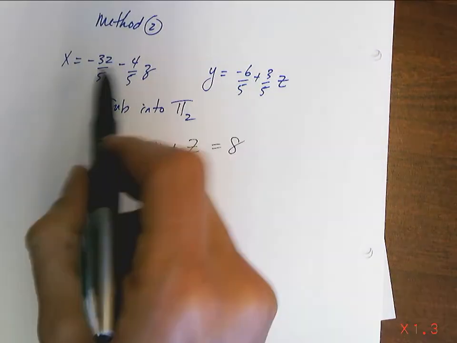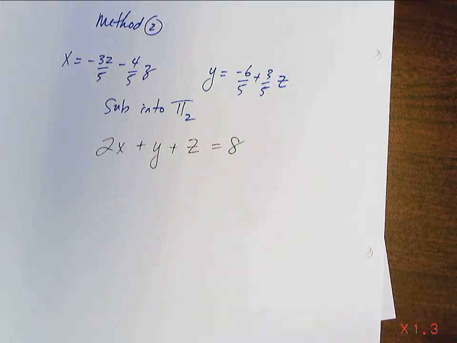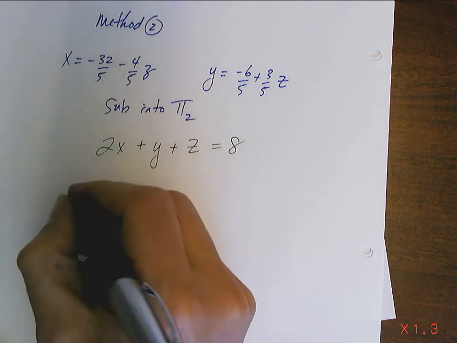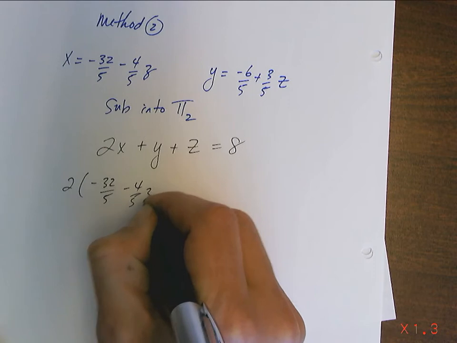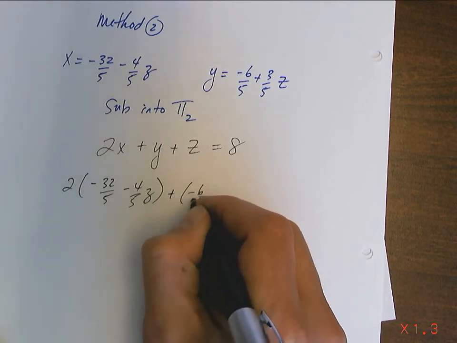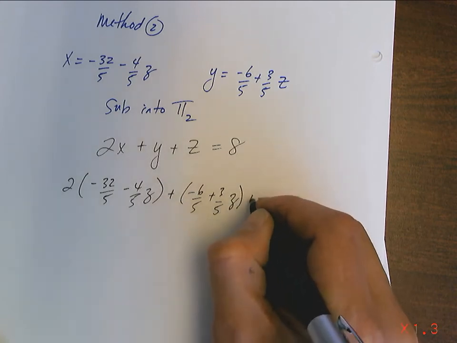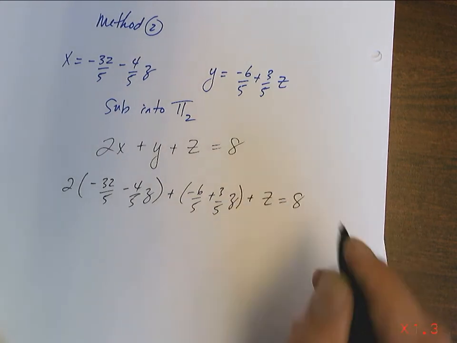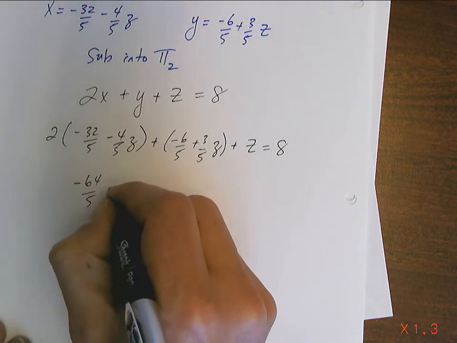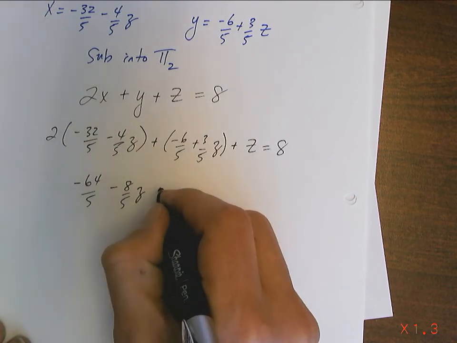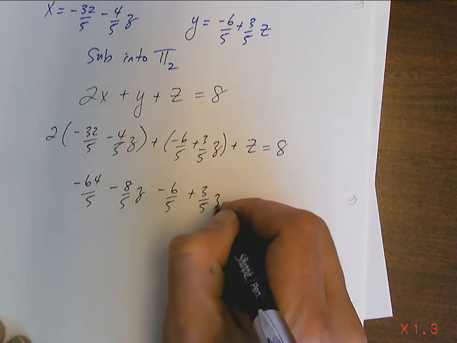So if these are going to satisfy each other, we look for the z's that'll satisfy all of them. So it becomes 2 times negative 32 over 5 minus 4 over 5 z, plus negative 6 over 5 plus 3 over 5 z, plus z equals 8.